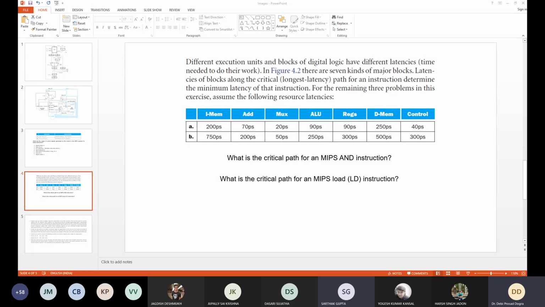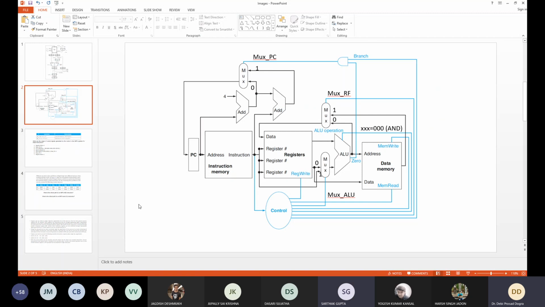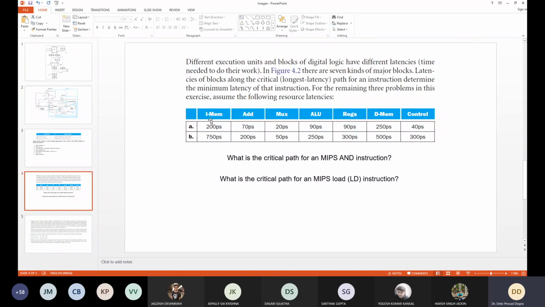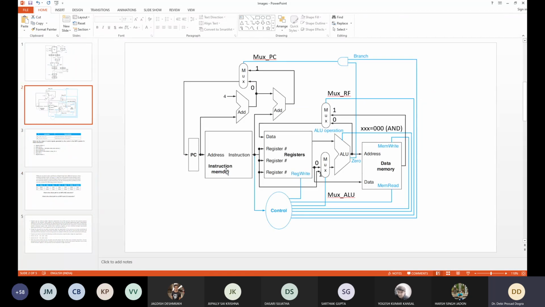No, basically, I'll tell you, if you go to this diagram, look into the stages here. Instruction memory takes 200 picoseconds. That 200 picoseconds means reading the value from the instruction memory and giving it to the register file.